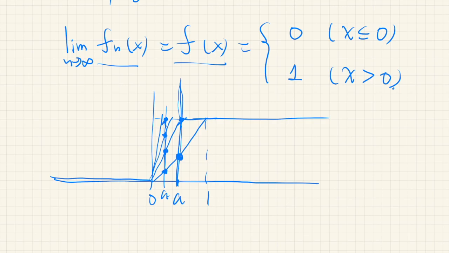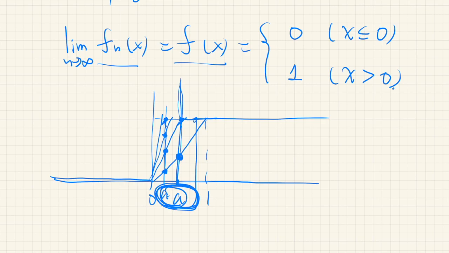But depending on where we take this a, the number of steps required to converge to 1 is different. It's a very rough sketch, but roughly speaking, this is not converging to 1 uniformly, but it depends on where we are here.